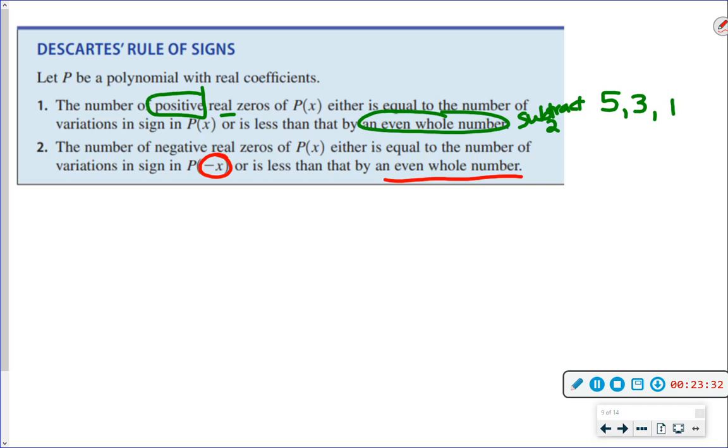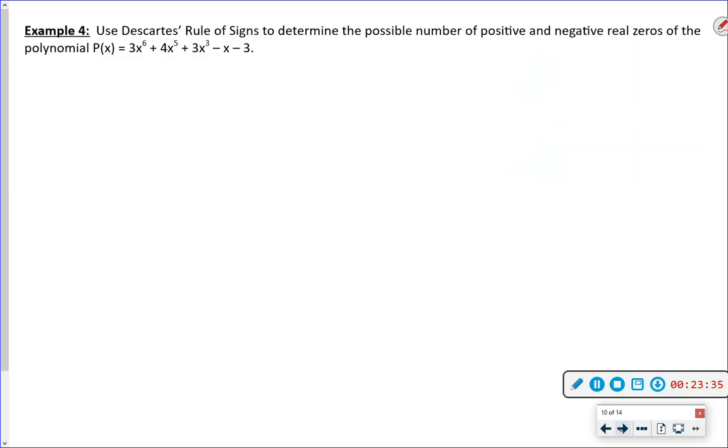Descartes' rule of signs. Let's try it. Use Descartes' rule of signs to determine the possible number of positive and negative roots. Hey, we don't have to find them. We just have to figure out how many. So, first up, count the sign changes. Just go through the terms. Tell me how many times it changes sign.